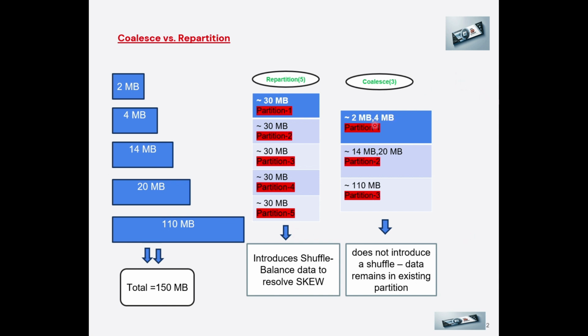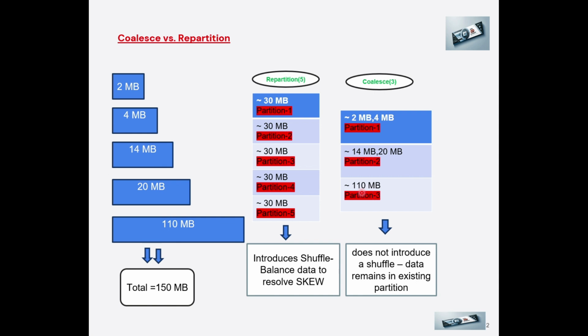In contrast, coalesce of 3 reduces the number of partitions to 3, but it does not trigger a shuffle. Instead, data remains in the existing partitions. So, we might end up with partition sizes of 2 to 4 MB in partition 1, 14 to 20 MB in partition 2, and 110 MB in partition 3.